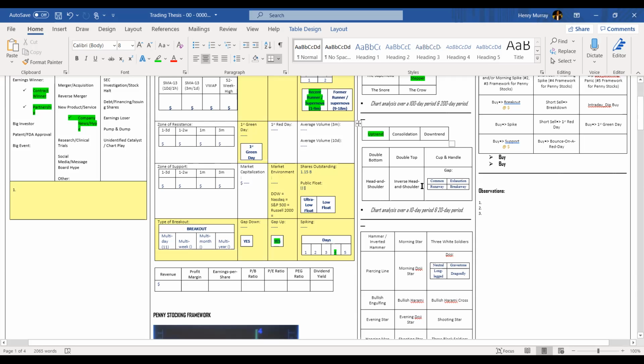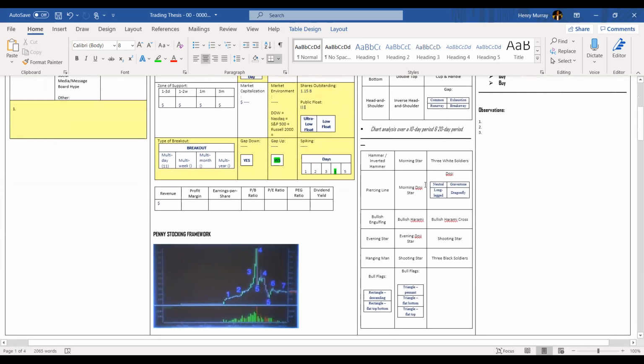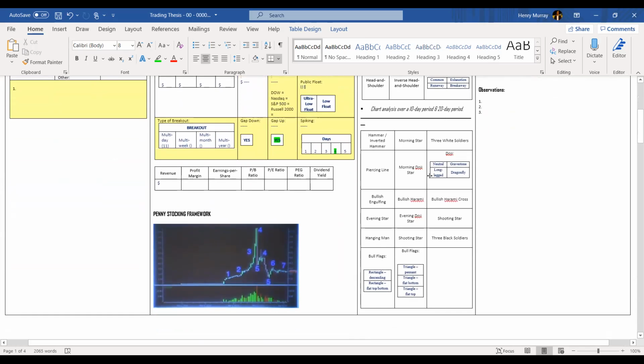Are you seeing a double bottom, a double top? Are you seeing a cup and handle? Are you seeing particular gaps? And if we scroll down some more, you'll see other particular chart patterns.